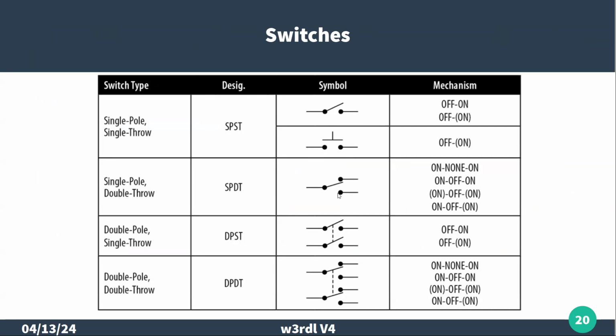We'll also have a single pole double throw where I can switch between two circuits. And then you can have a double pole single throw where I'm switching two lines between on and off in the circuit. And a double pole double throw where I'm switching two lines between two different circuits.